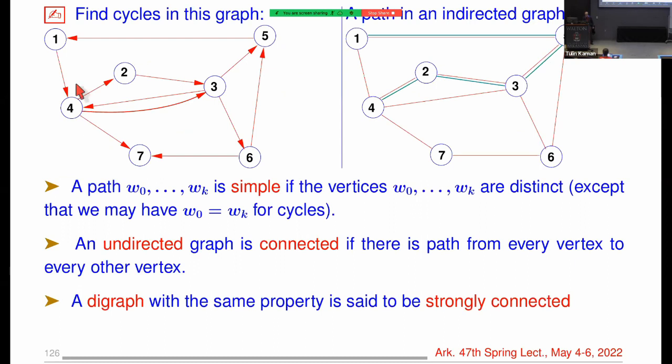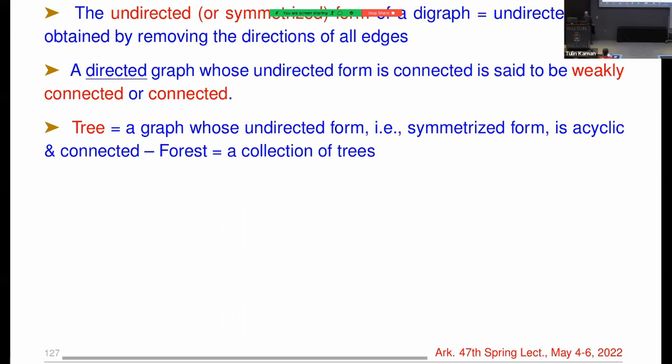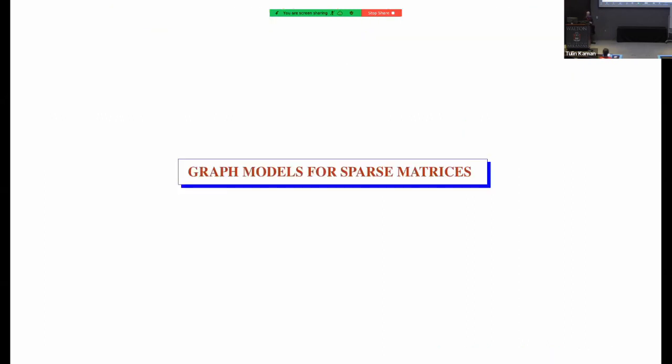Here, for example, this is a cycle: you go from 1 all the way down and you come back to 1. And here is a path, and the length of this path is going to be 1, 2, 3, and 4, just to count the number of edges. This is a very quick overview. Then there's the definition of connected and unconnected. We're not going to see too many of those.